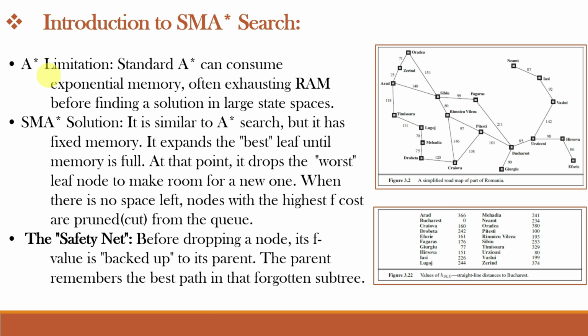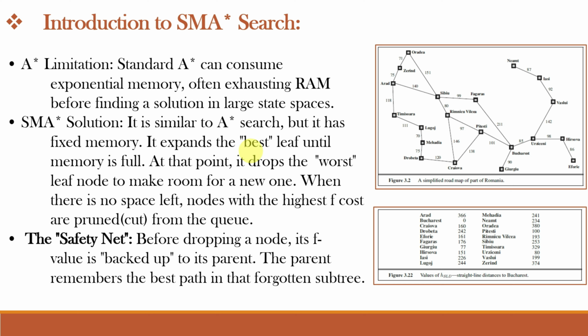See, in our video lecture of A star search algorithm, we learned that A star search gives an optimal path, but it needs a very large memory. In big problems, the waiting list can grow so much that the computer RAM may become full. To solve this problem, we use SMA star search, which is a memory bounded version of A star search.